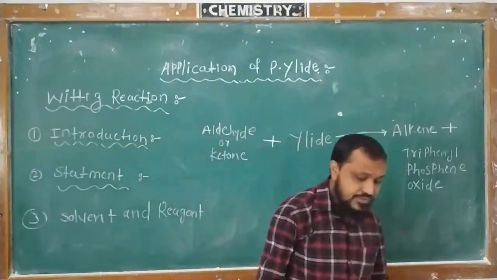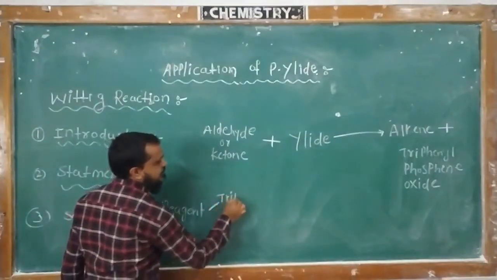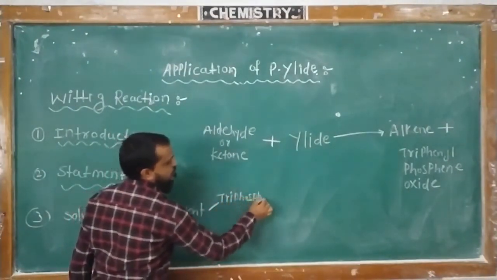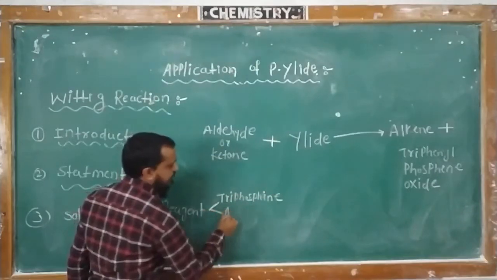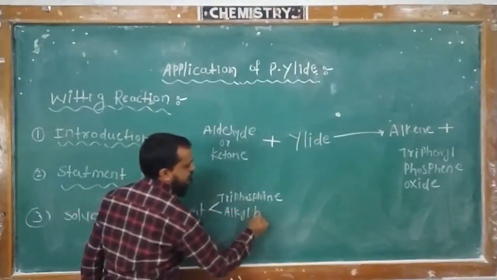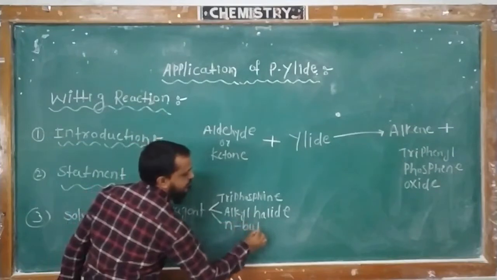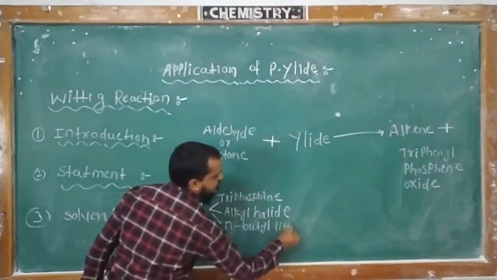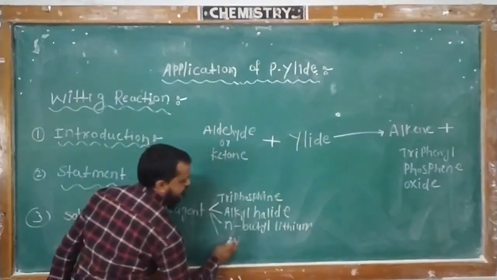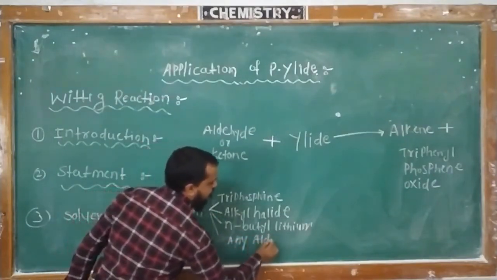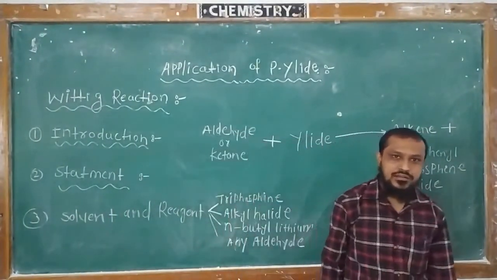Basically, in the Wittig reaction, triphenylphosphine, alkyl halide, butyl lithium and any aldehyde are used as reagents.